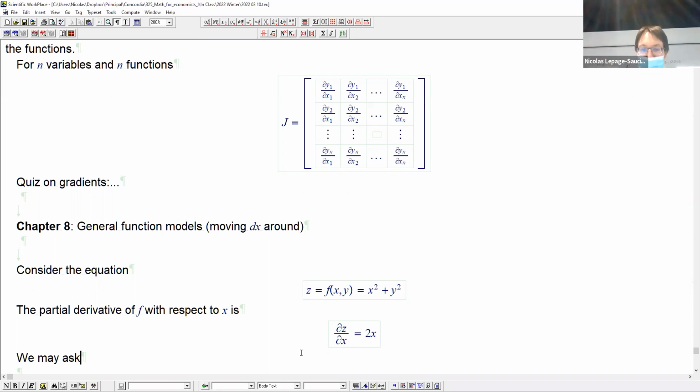So imagine, this is just like a bridge to what we're going to discuss, but I'm going to imagine z is only a function of x.